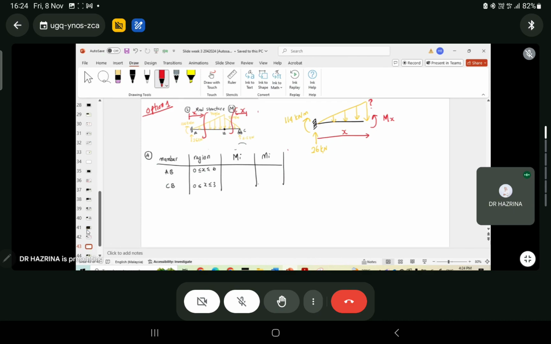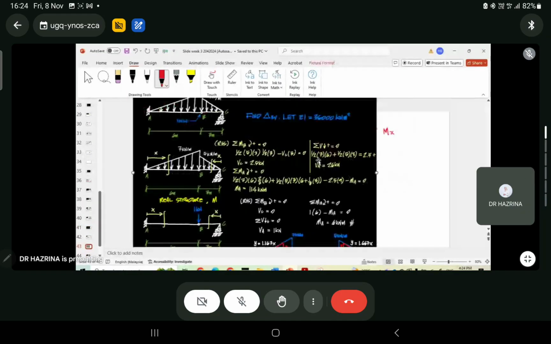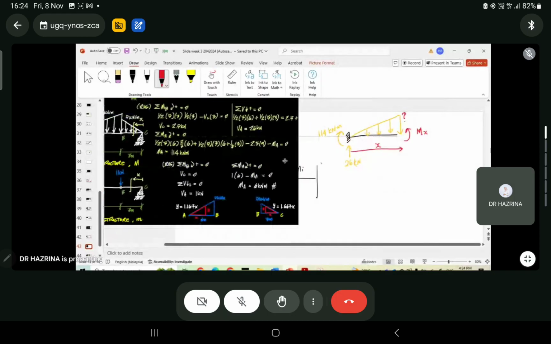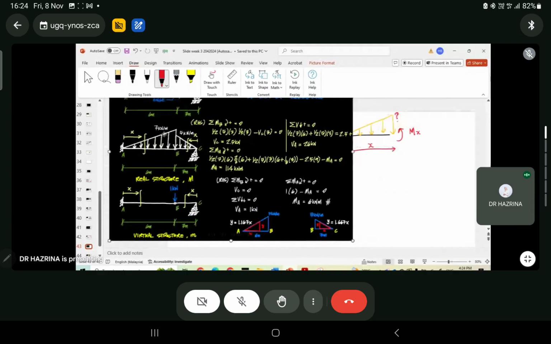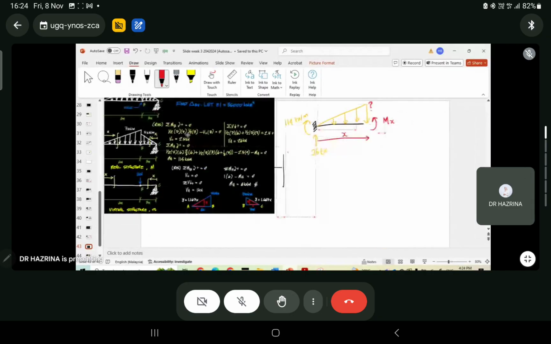Kalau kita tengok balik soalan dia, sebab jarak dia tak ambil tadi.